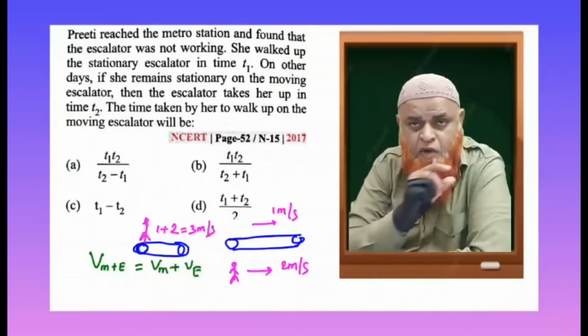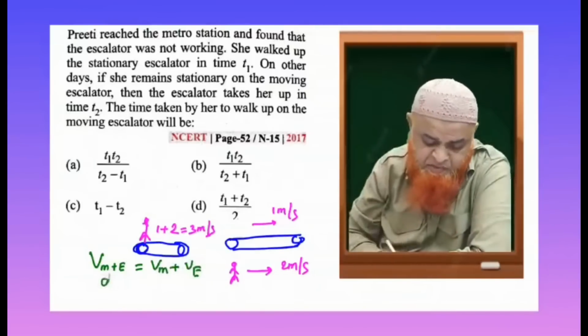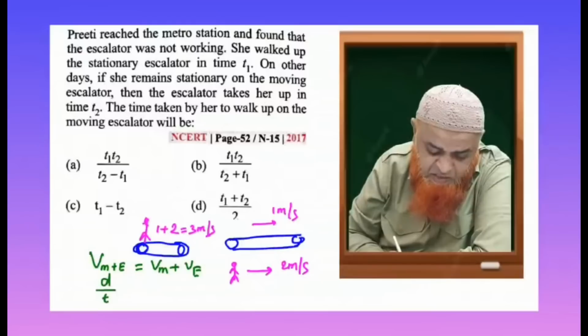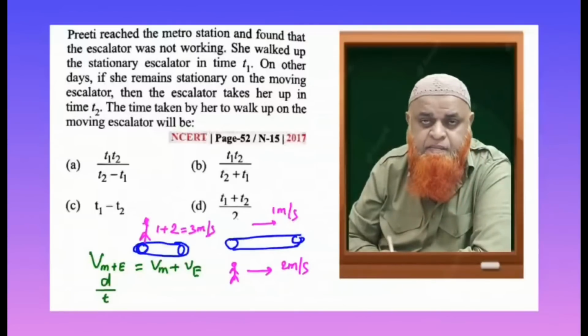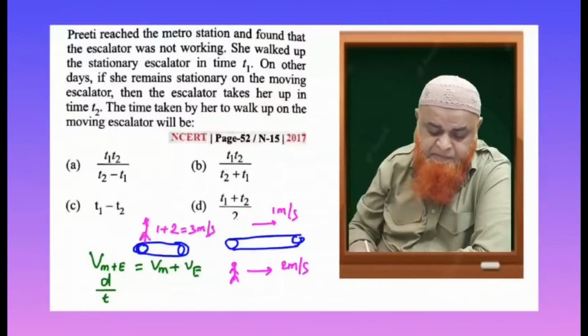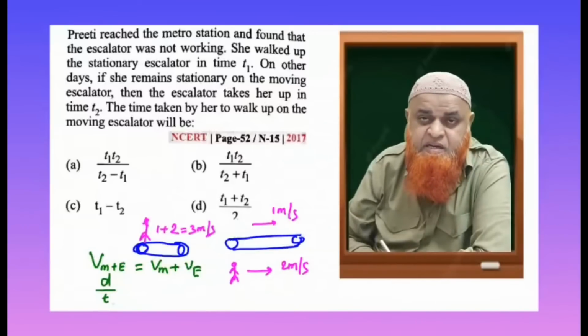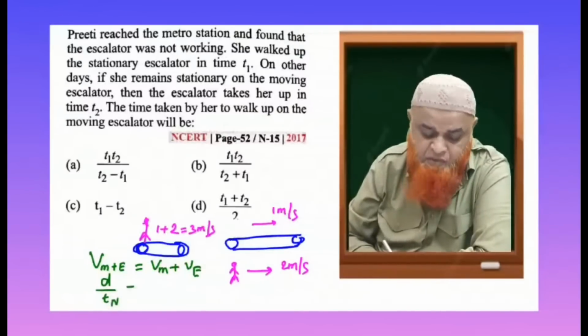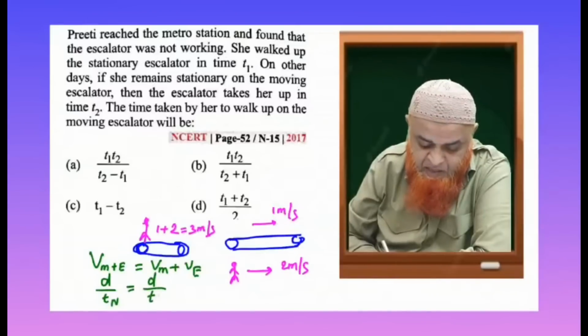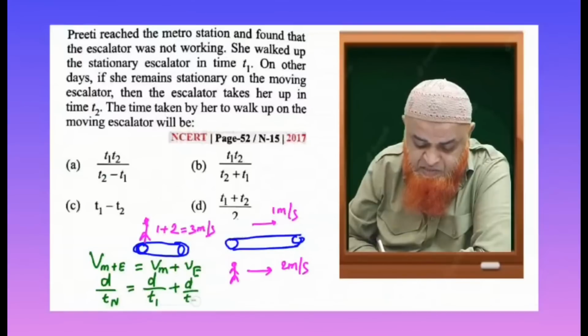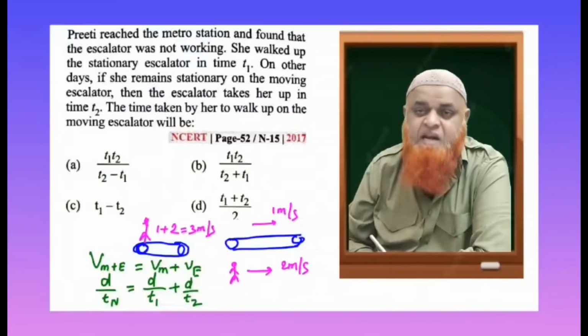But here, whatever the distance is going to travel, it is going to be the same. So distance d is the same, and time taken, the net time, is going to be t net. Here, distance by time taken by man plus distance by time taken by escalator.